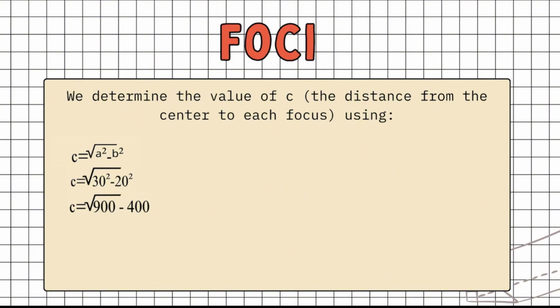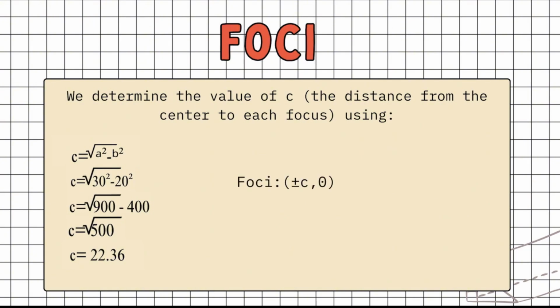Then we substitute, so c is equal to the square root of 900 minus 400. Then c is equal to the square root of 500, so c is equal to 22.36. This means each focus is 22.36 units from the center along the x-axis.